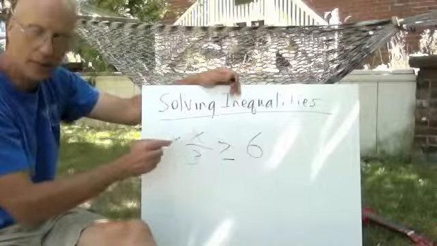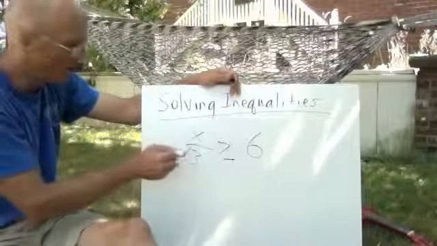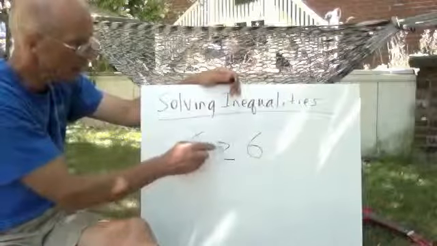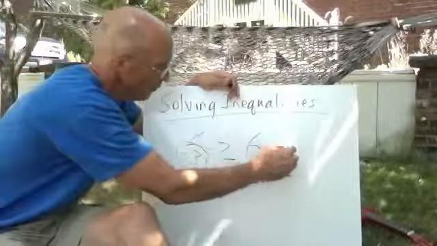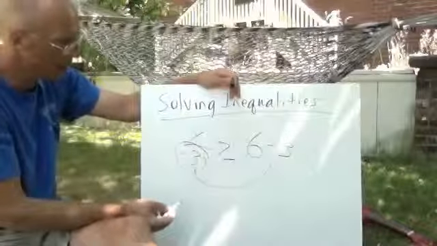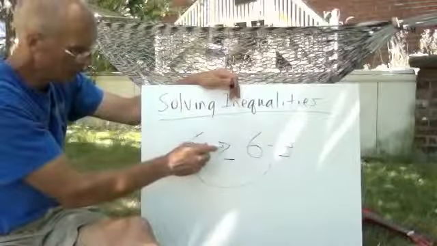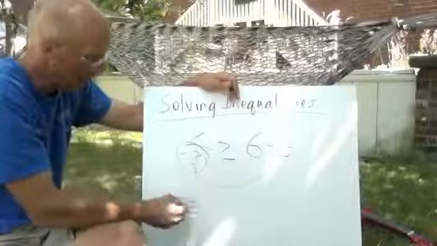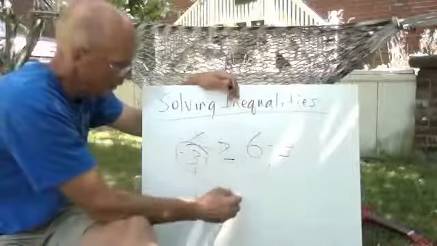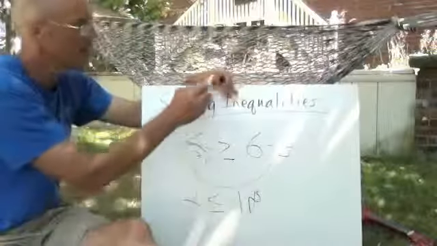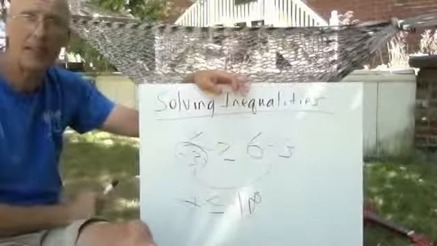Whenever you're dividing or multiplying by a negative number and you're undoing it, you're going to end up flipping this sign. So we would normally bring this over, multiply by negative 3, but flip the sign. So now it's going to be x, instead of greater than or equal to, less than or equal to negative 18. Okay, does that make sense?